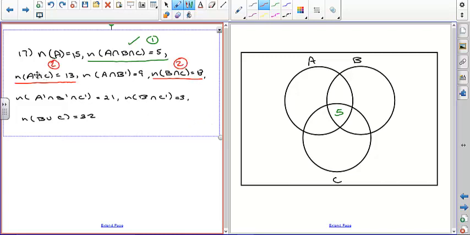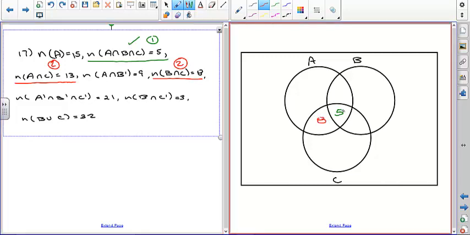When you have an intersection of 2 things, you usually have 2 parts you have to worry about. So the intersection of A and C is these 2 parts. And you can see I already have 5. So to get 13 total, I need to put 8 in here. 8 plus 5 is 13. That's the total in that football, made up of 2 parts.